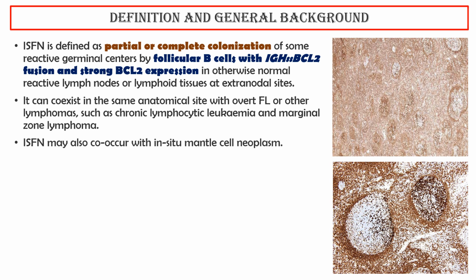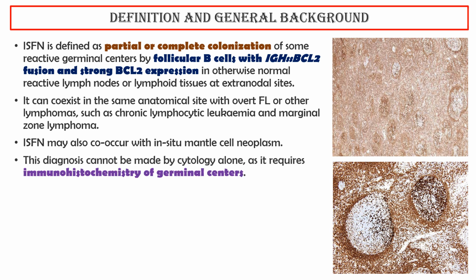In situ follicular B cell neoplasm may also co-occur with in situ mantle cell neoplasm. This diagnosis cannot be made by cytology alone, as it requires immunohistochemistry of germinal centers.